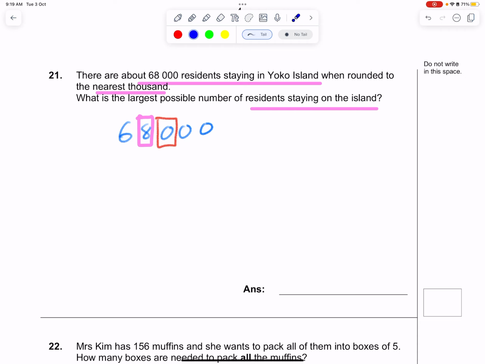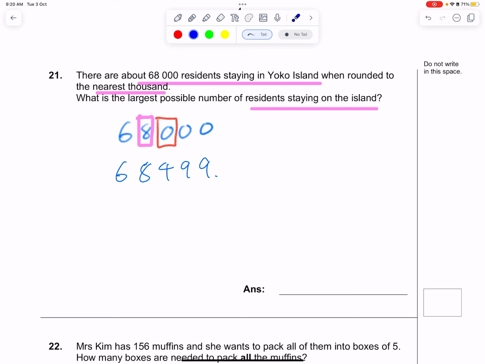So what is the difference? Let me show you. So the difference, the answer is actually 68499. Okay, why? So remember, we are looking at this number. When it comes to estimation and rounding of numbers, anything that is smaller than 5, we round down.